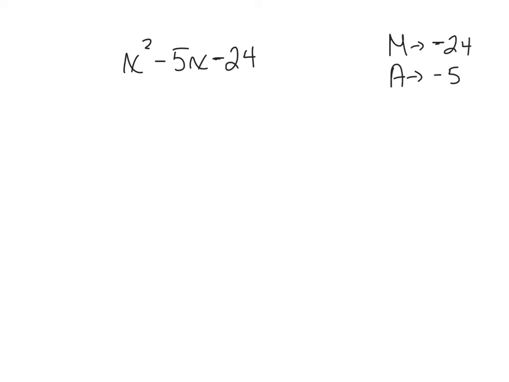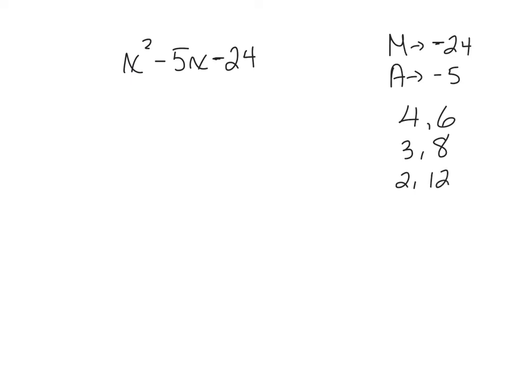Usually I try the first two numbers that pop into my head that multiply to negative 24. The first few that I think of would be 4 and 6. One of those would have to be negative, and we'll look at that in a minute. 3 and 8. And you could do 2 and 12, 1 and 24.